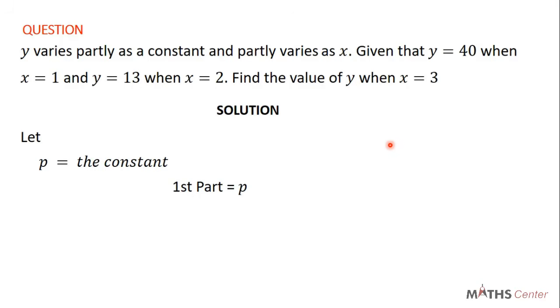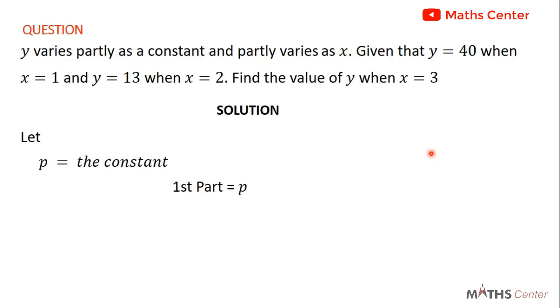Now, the question did not tell us whether the variation is direct or inverse. If the question does not tell you whether the variation is direct or inverse, it means that it's direct. So y varies as x is the same as y varies directly as x.